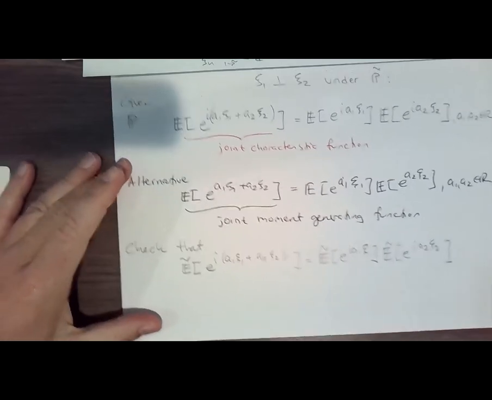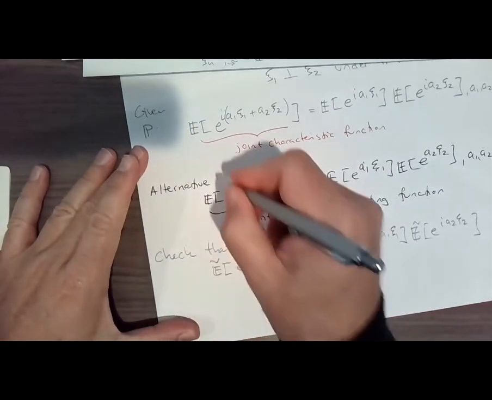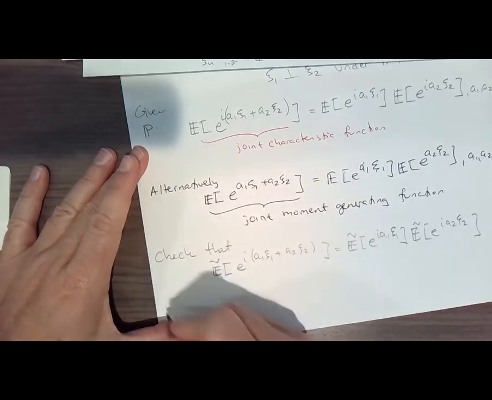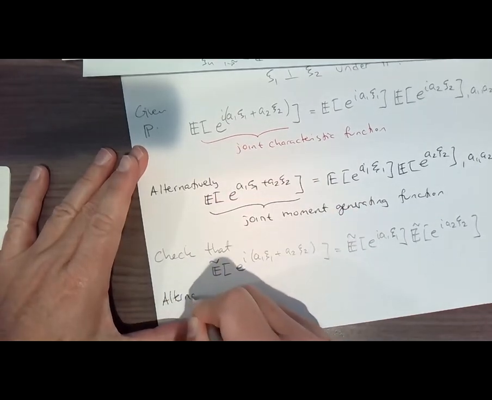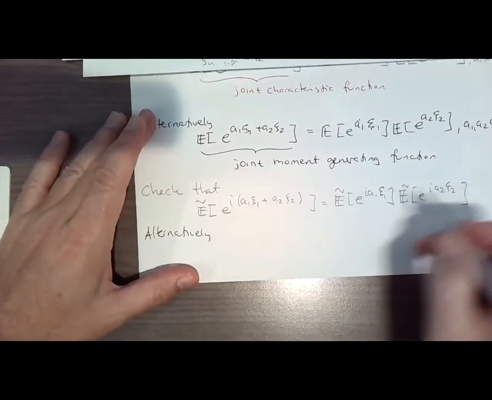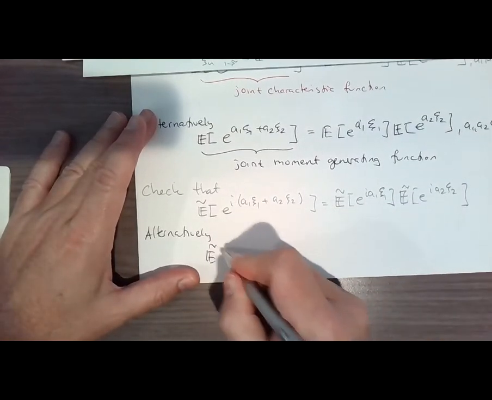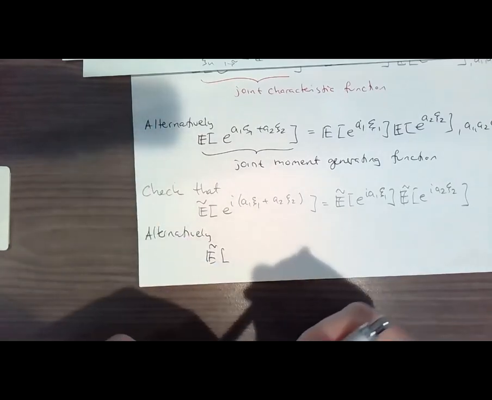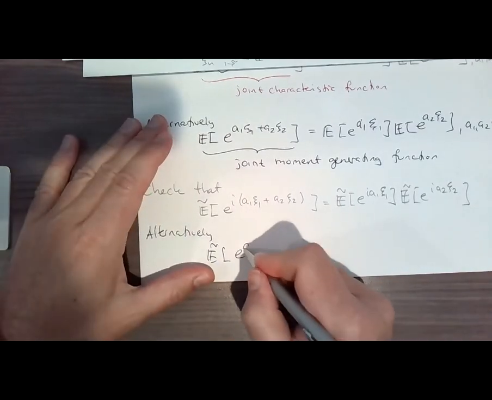Or alternatively, if you want, you can forget about the i and just do the joint moment generating function. Let me write it out again.